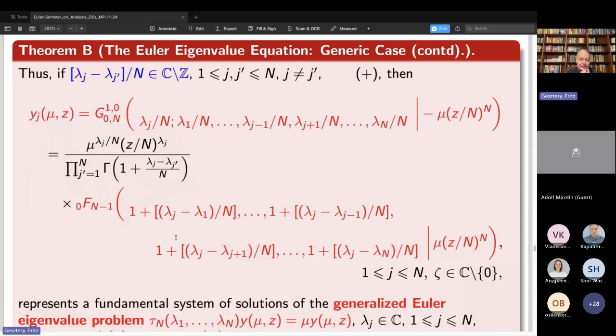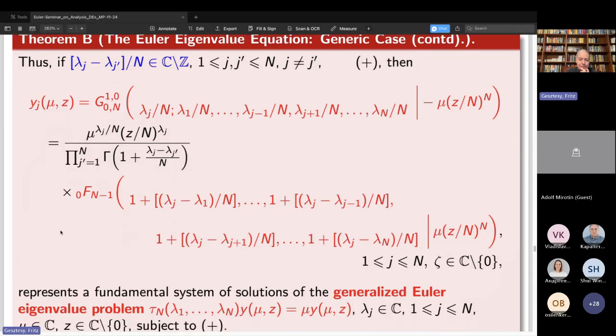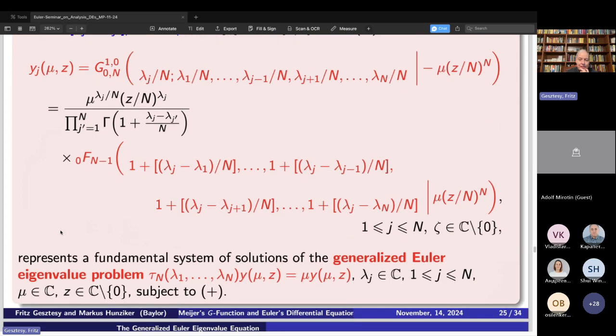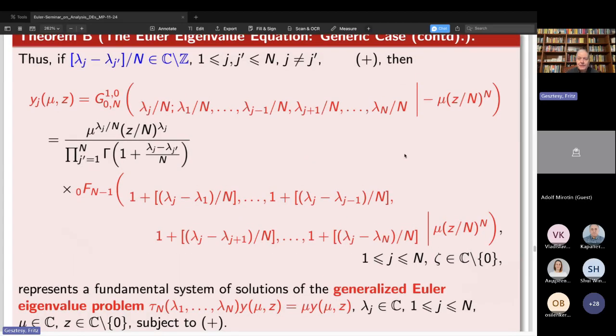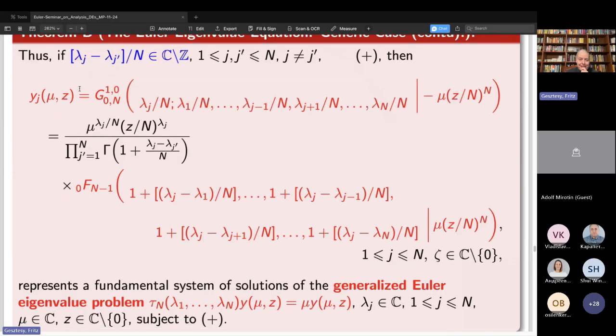So that is now a fundamental system of solutions for the generalized Euler eigenvalue problem. So once again, tau n being applied on y, giving a multiple mu times y. Now, this is subject to plus, and plus here is the generic condition for the b's, or in this case, the lambdas divided by capital N. All right, that's just a generic case.